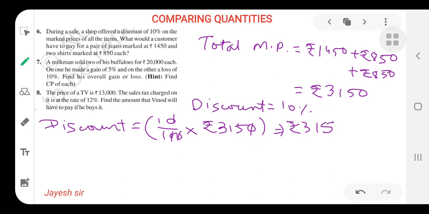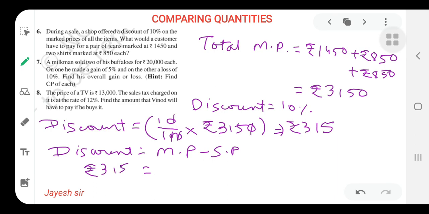Now, after doing that, we need to find how much the customer would have to pay, that is, the amount I need to pay. So the formula is discount is equal to marked price minus sale price, that means selling price. The discount I have got is rupees 315.